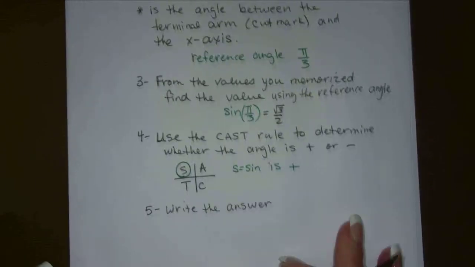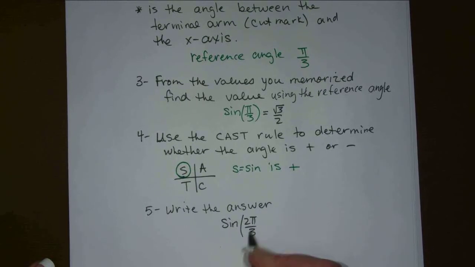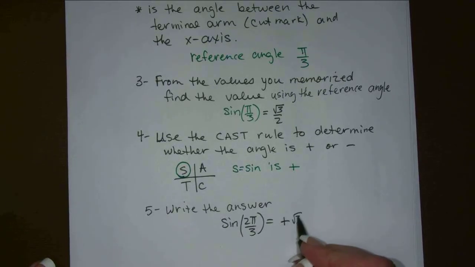So you write sine of 2 pi over 3, that's the question, is equal to plus, because we landed in the plus quadrant, and the reference angle, root 3 over 2. And remember, I showed you that sine values just repeat and repeat. The CAST rule is telling you where we land, above the axis or below the axis, either positive or negative.